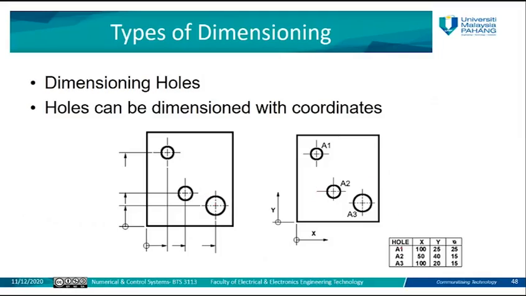So we can say, for example, hole A1 is located at 125, with this diameter or this radius and so on. So we need to highlight the coordinates. Coordinates will define the position of the hole on the object, and the value of the radius or diameter will define how big this circle or hole is.